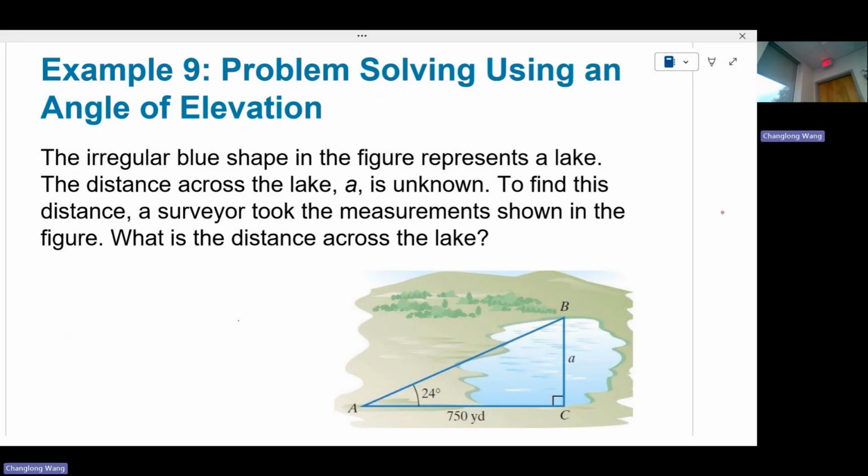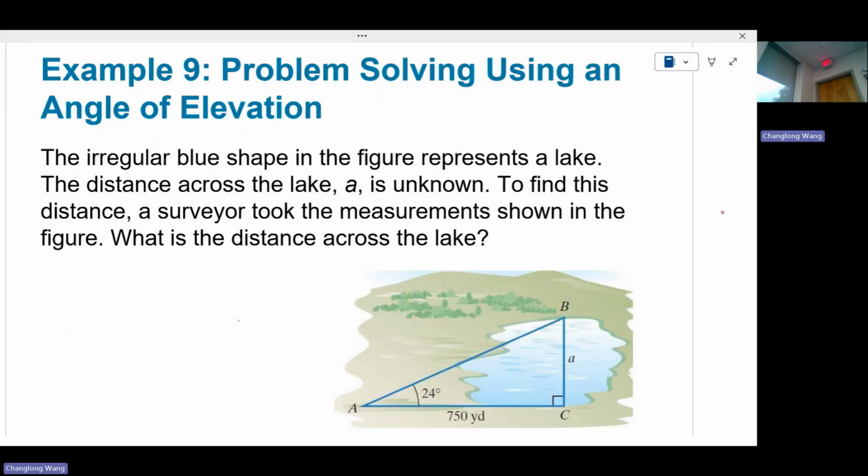Now, when this guy's standing at this location, he's going to see the same reference, but at an angle. So if you can measure that angle, that view angle, together with the walking distance, you can find out the width of the lake, right?